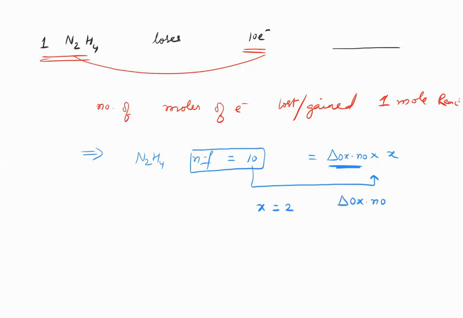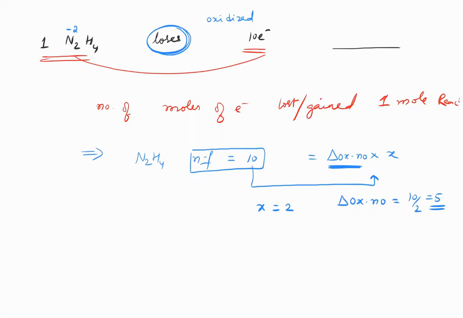I'm going to get change of oxidation number equal to 10 by 2, which is 5. So 5 is my change of oxidation number. Is it going to be 5 addition or 5 subtraction? It is losing 10 electrons. It means it is getting oxidized. So oxidize it by 5 units.